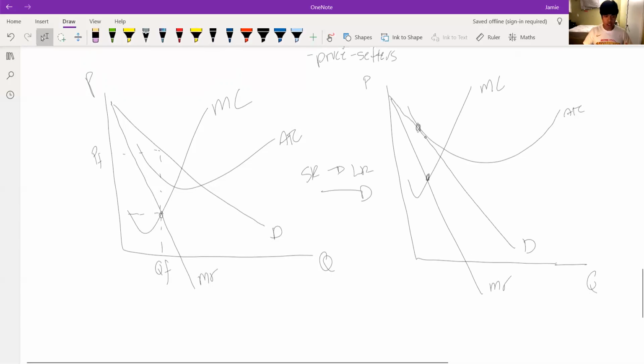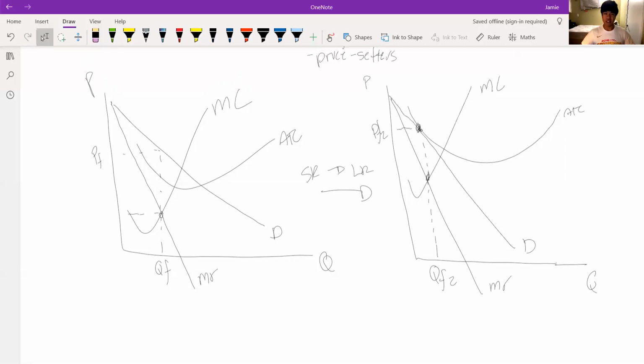And so what happens here is if we look at the profit maximizing level of production, which is here, let's call this QF2. They will produce at QF2, but the price is PF2. However, the price also corresponds to the average total cost.